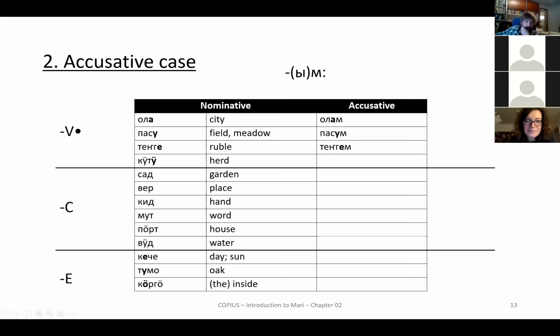Kutu, kutum. Right. Jukka? Sat, sudden. Yep. Zoli? Verum. Yep. Adam? Kidim. Very nice.